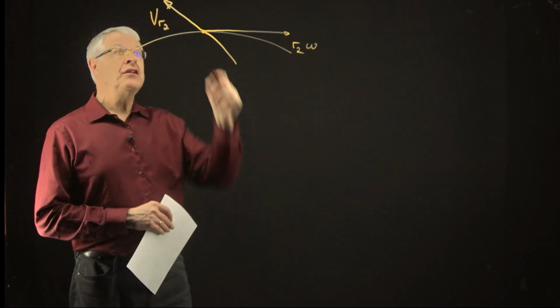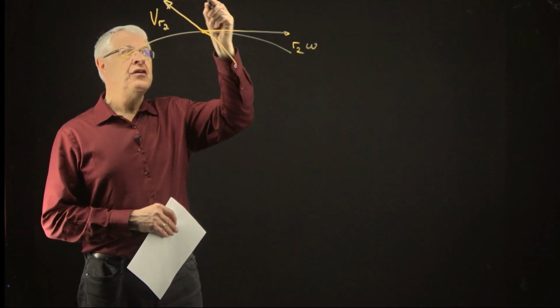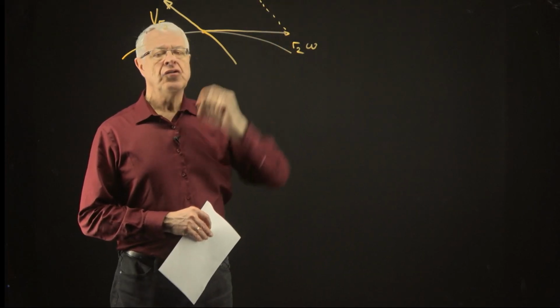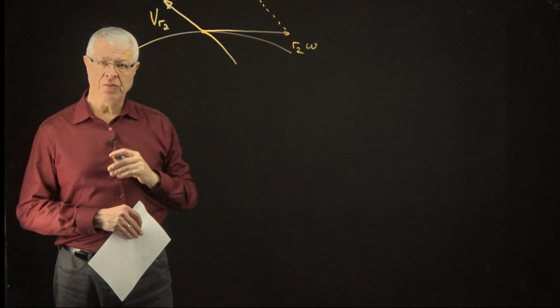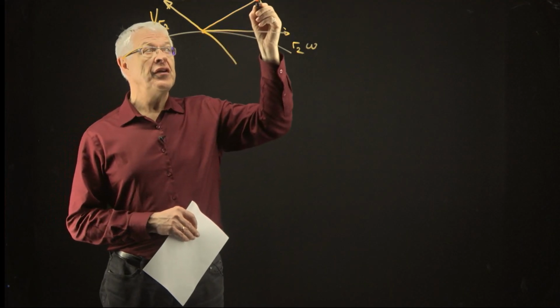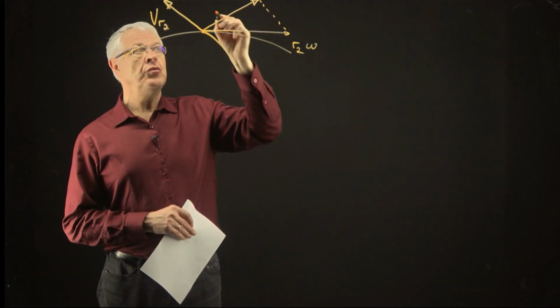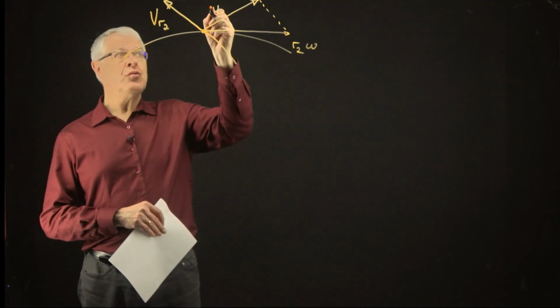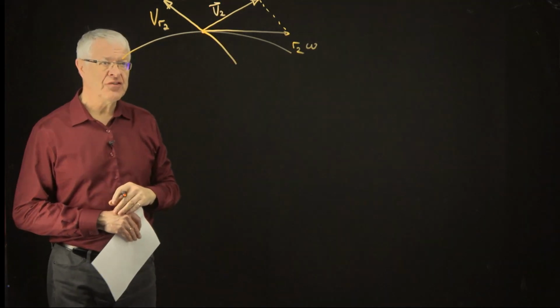So we can just make a little parallelogram here so that we can illustrate the velocity of the water relative to the ground. So we're adding those vectors up, and that will be our V2. And that's what we're trying to find. So we want to know that velocity vector.